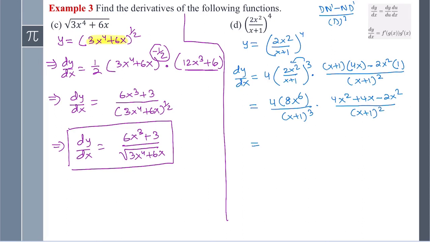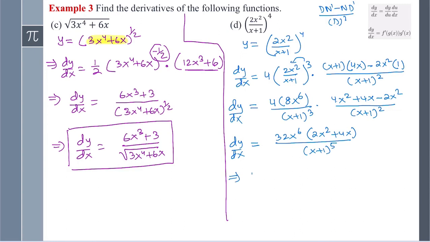Now this is dy over dx. The numerator becomes 8 times 4, so we have 32 x to the sixth, times 4x squared minus 2x squared, which is 2x squared plus 4x. That's the numerator, divided by the denominator, x plus 1 to the third times x plus 1 squared, which is x plus 1 to the fifth.